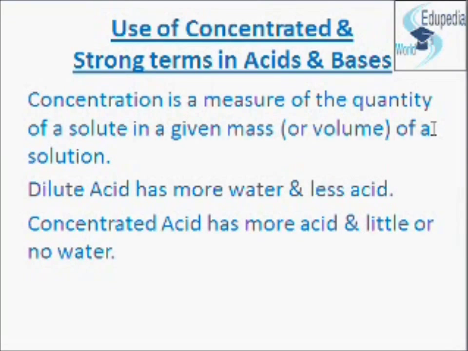The strength of an acid or a base is its ability to ionize in aqueous solution and is measured by the ability of its aqueous solution to conduct electricity. Concentration. What is concentration? Concentration is a measure of quantity of a solute in a given mass or volume of a solution.